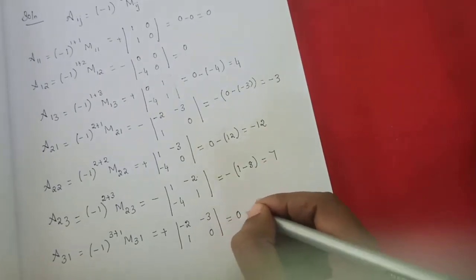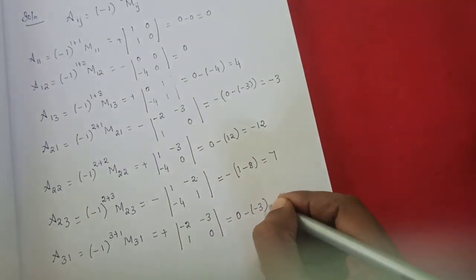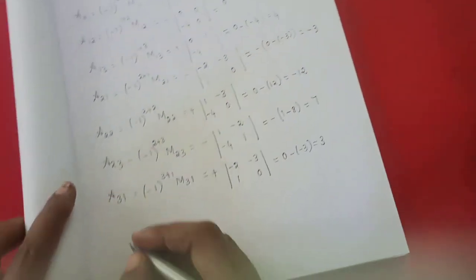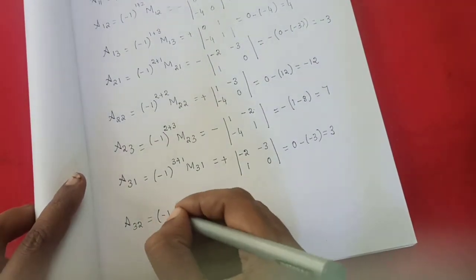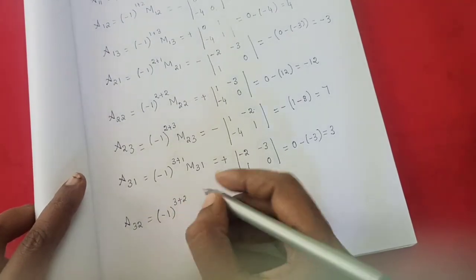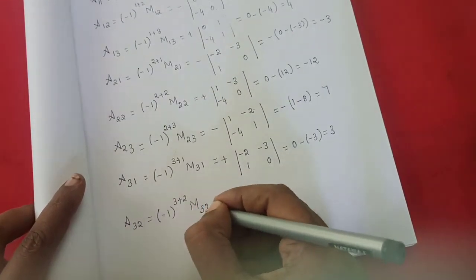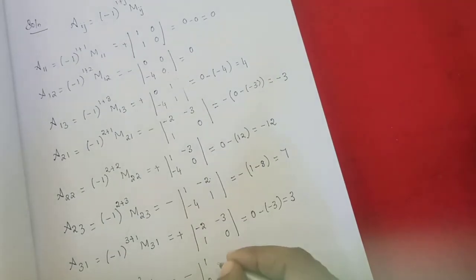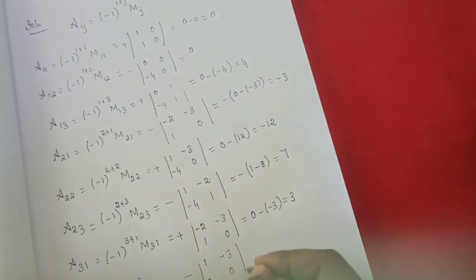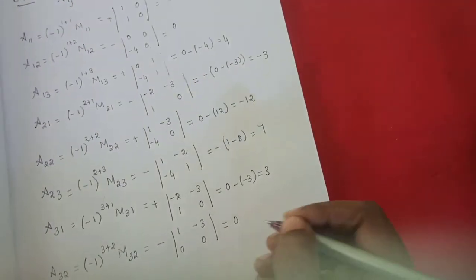That's equal to 0 minus of minus 3. That's equal to plus 3. Okay. Then next, A32, minus 1 to the power 3 plus 2, M32. That's equal to, the symbol is minus. Here for 1, is it right? So this one and this one, 1, 0, minus 3, 0. So that's equal to 0 will be the answer.